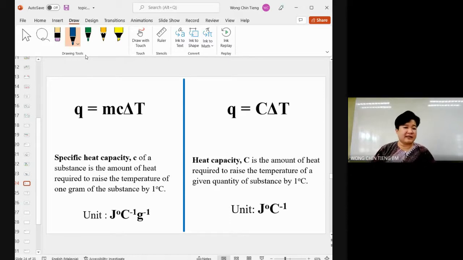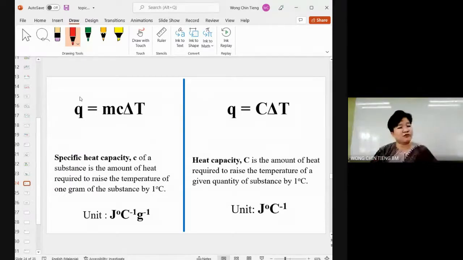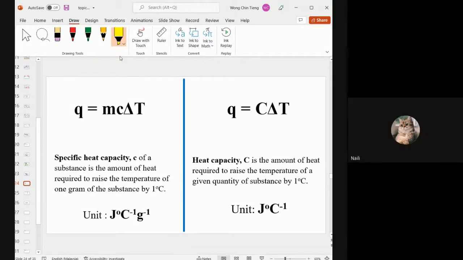Do me one little favor. Looking at the formula, what makes these two formula different? Ada dua beza. What makes these two formula different? This one include mass.